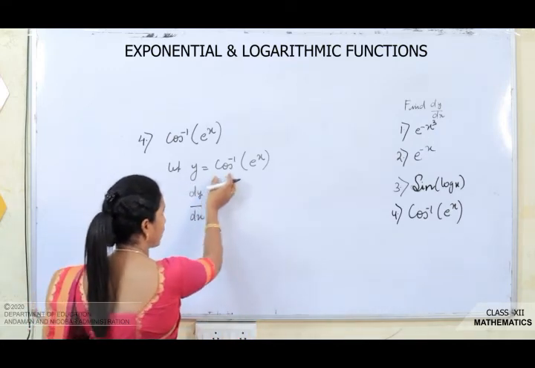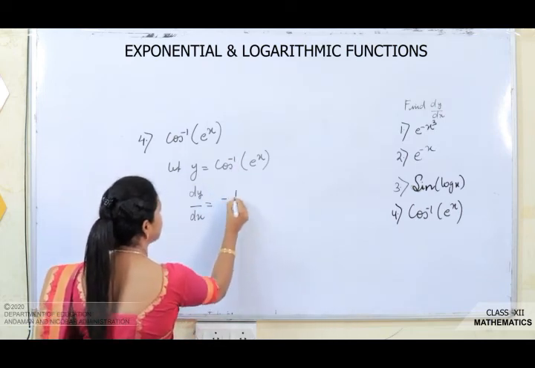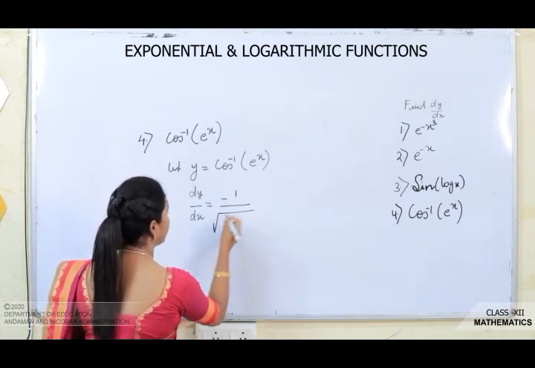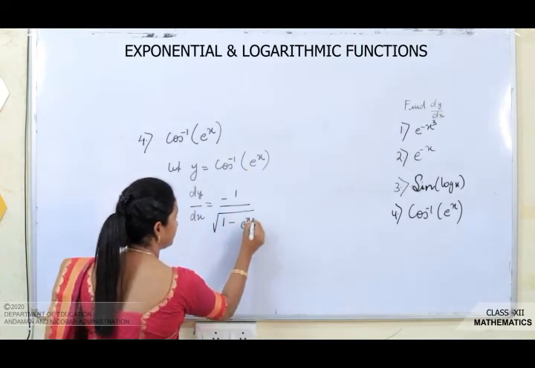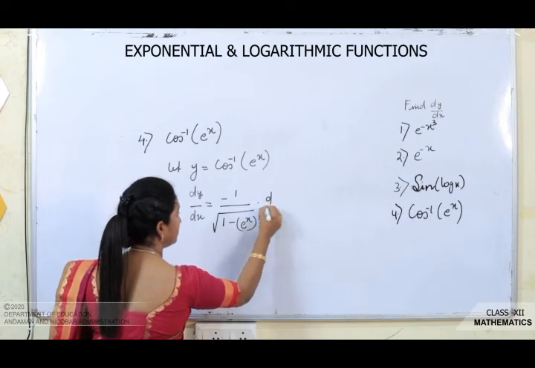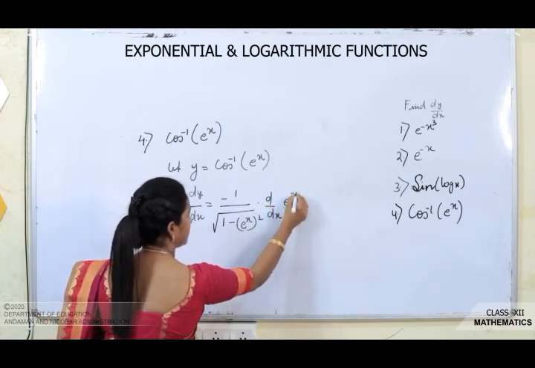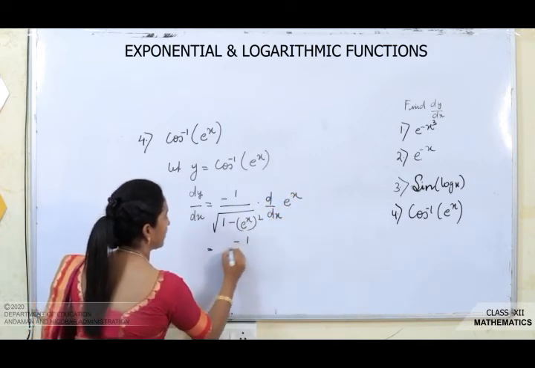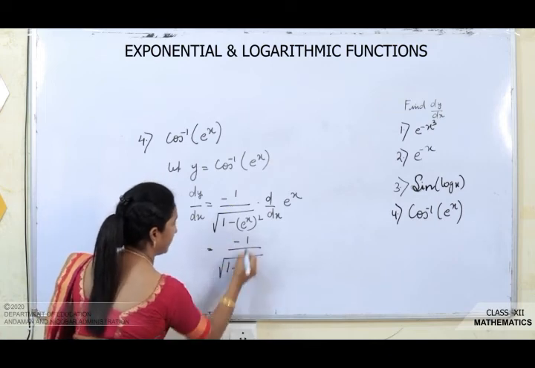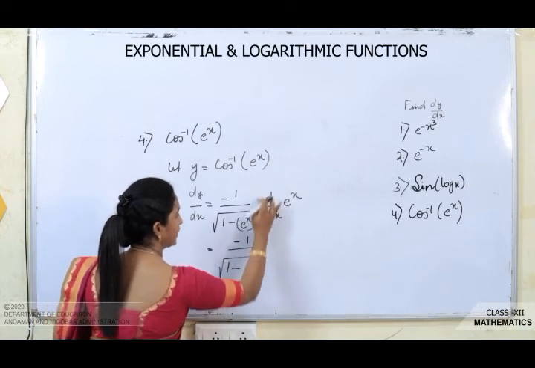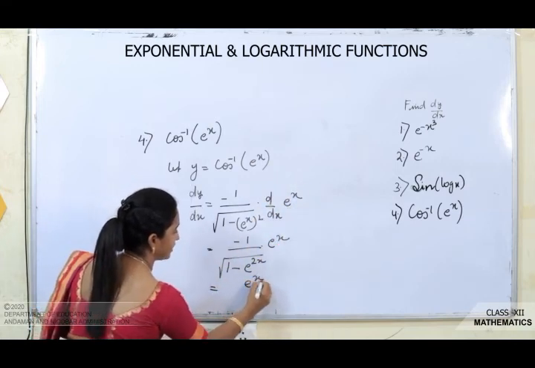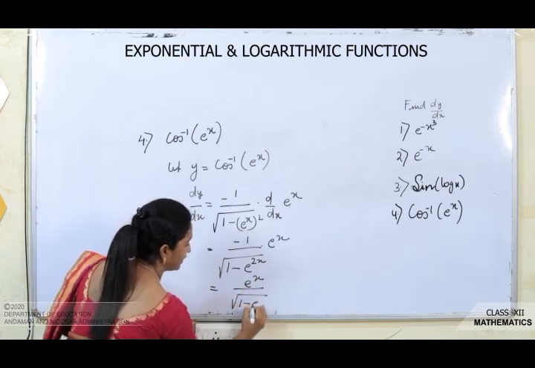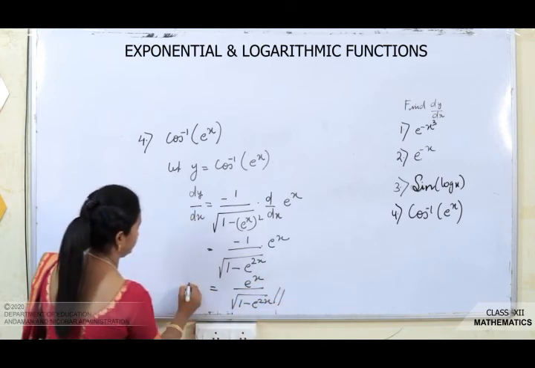The derivative of cos inverse x is minus 1 by root over 1 minus x square, and in place of x put e power x, into d by dx of e power x. So, minus 1 by root over 1 minus e power x the whole square, which is e to the power 2x, into what is the derivative of e power x? Again e power x. So, the answer is e power x by root of 1 minus e power 2x.